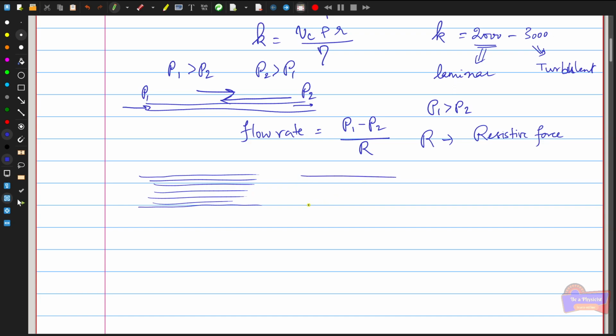Whereas if you consider a viscous fluid, then the velocity is maximum at the middle of the tube and decreases as you move towards the wall of the tube. That is why it has a parabolic path, which we already saw in the last class.